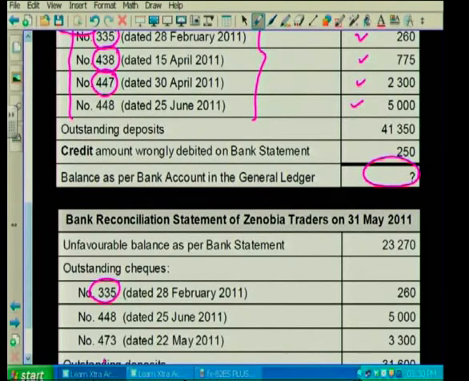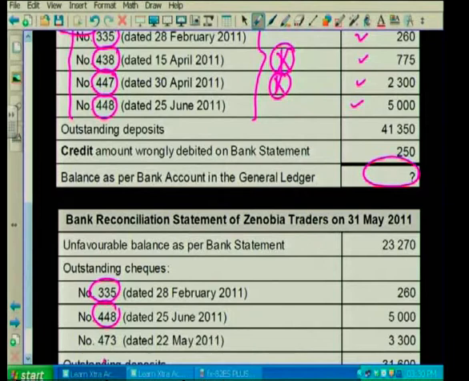So let's just mark it with a different marking. 447 does not appear, as you can clearly see, and 448, this one here, appears here. So in other words, check number 438 and check number 447, those two checks do not reappear on this bank reconciliation statement. Am I right?